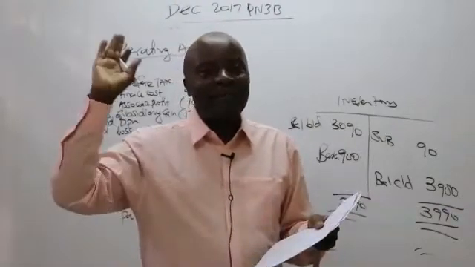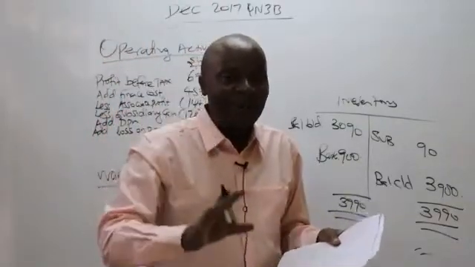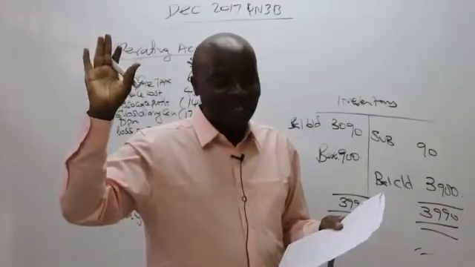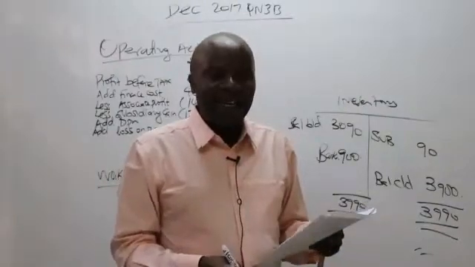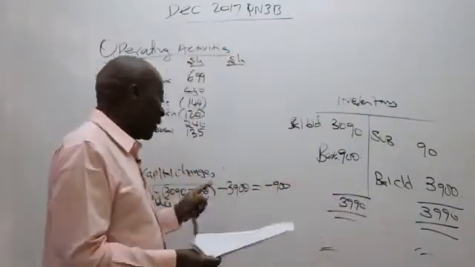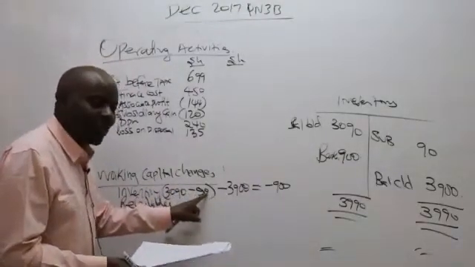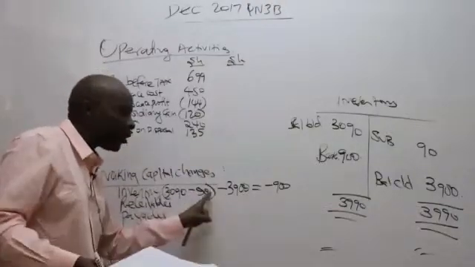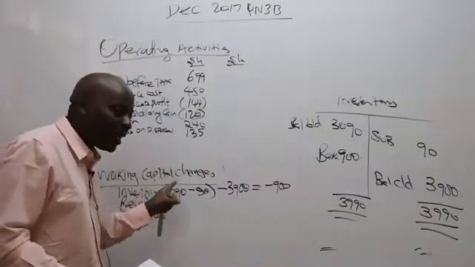Is there a student who can remember that kind of a question? Unajua ukiambiwa kwamba subsidiary ilikuwa disposed in the year, nitasema hapa minus 90. Na kama kuna subsidiary nyingine ambayo ilikuwa acquired in the year, nitasema perhaps hapa plus 80.